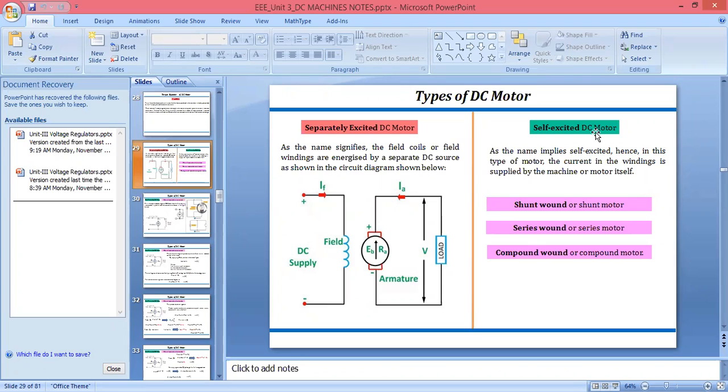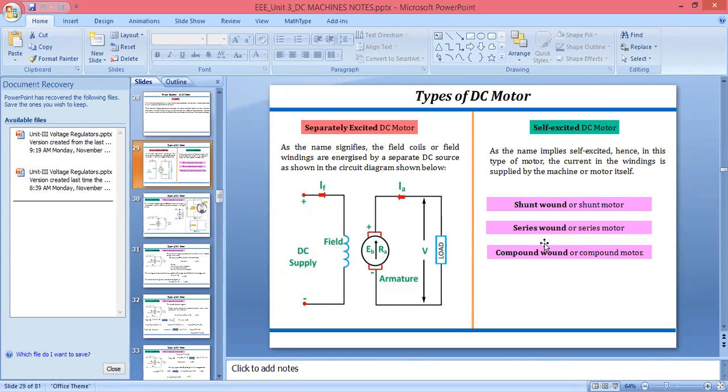In self-excited there are different types of DC motor. Shunt wound DC motor: here the supply is in shunt with respect to the DC motor. Series wound, or series motor: the input supply is in series with the DC motor, and the DC motor gives current to the field winding.